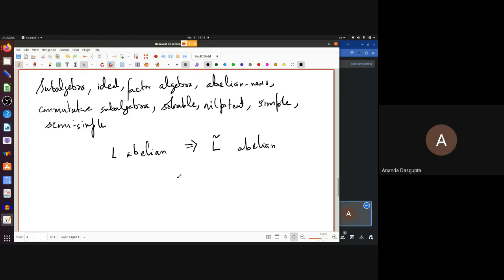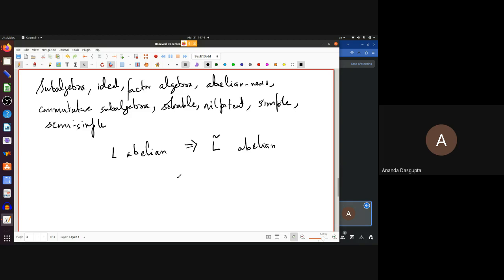Okay, let's see. To check whether L is abelian or not, you should take two elements x and y of L and find their bracket and show that that's zero always, right? But x and y, aren't they elements of L tilde as well? Because what is an element of L tilde? It's x plus i times some other vector, two vectors, right? But the null vector is also a vector. x plus i times 0, which is the same as x. It's an element of L tilde.